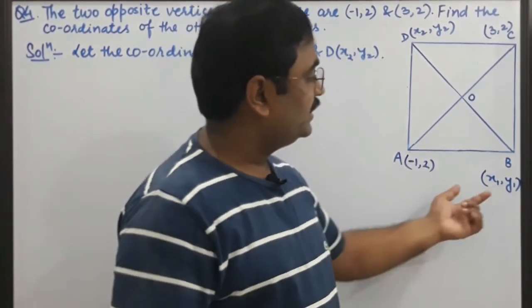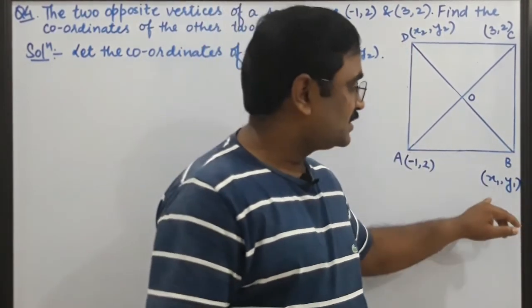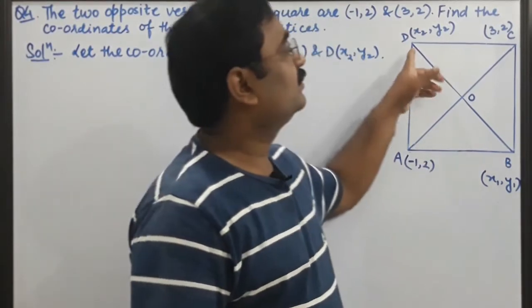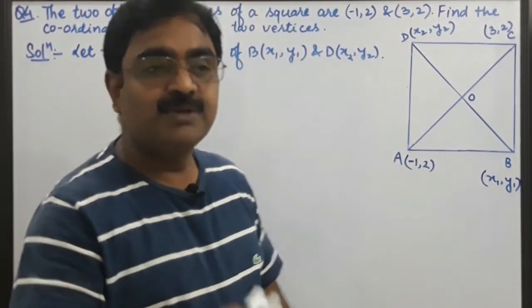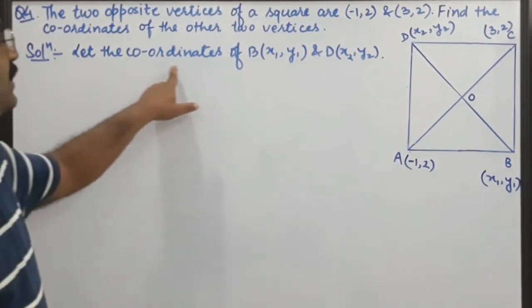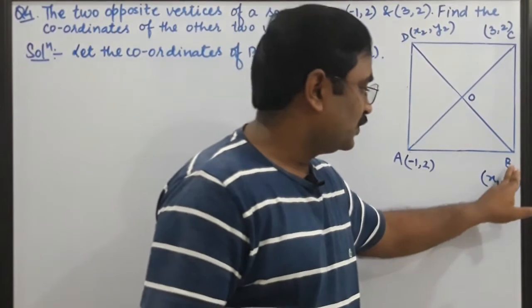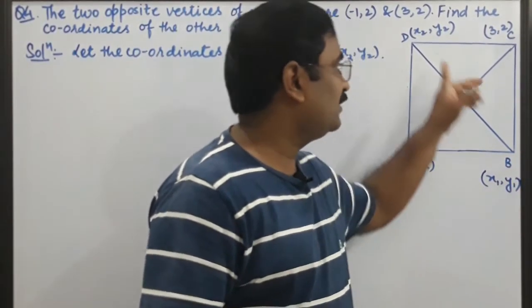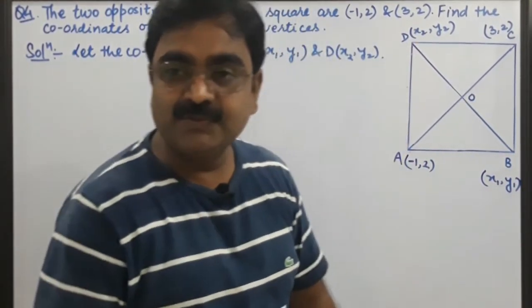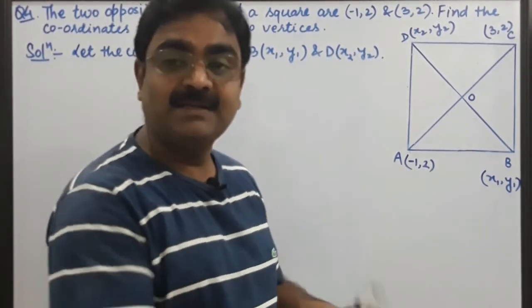We need to find the coordinates of point B and point D. Let the coordinates of B be (x1, y1) and the coordinates of D be (x2, y2). These are required.